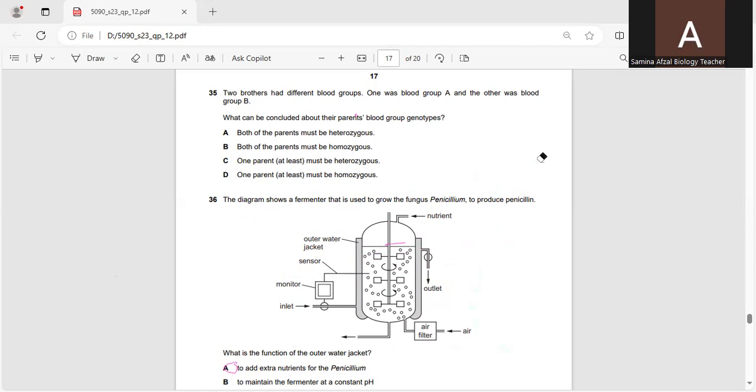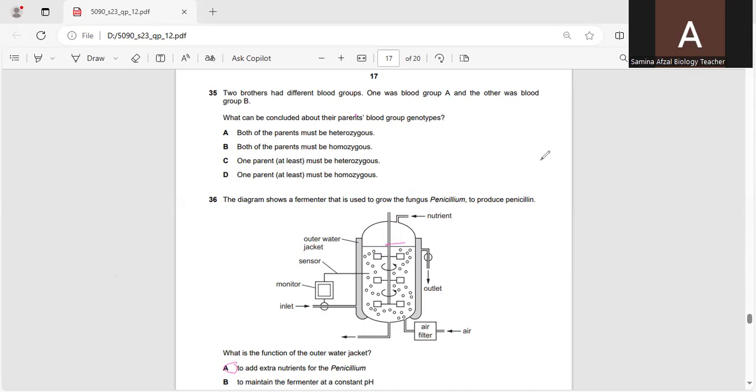It means the parents' blood group can be in heterozygous form or in homozygous form. Both of the parents must have heterozygous blood group A or blood group B.